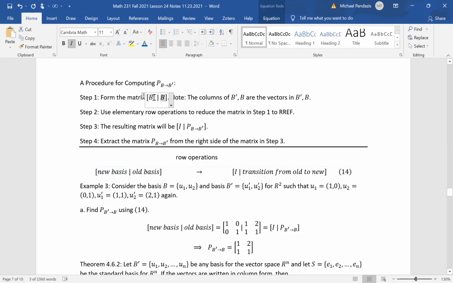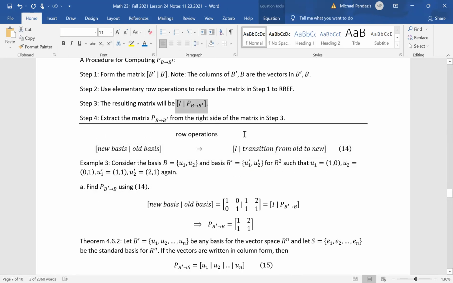Remember, here's B and here's B prime. You get the transition matrix from B to B prime. So this is your old basis, and this is your new one, old, new. And by elementary row operations, you're getting the identity on the left side, and the right side is the transition from old to new. That's just this. Okay.